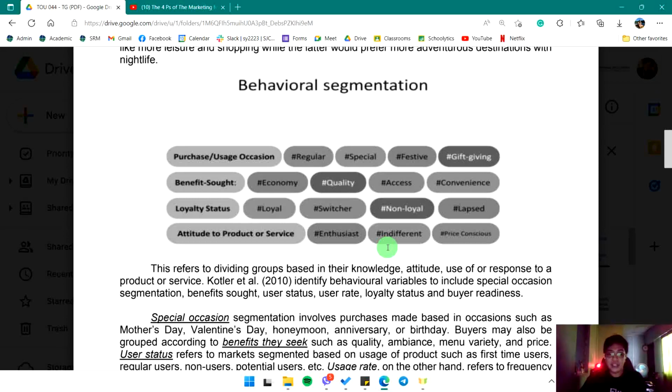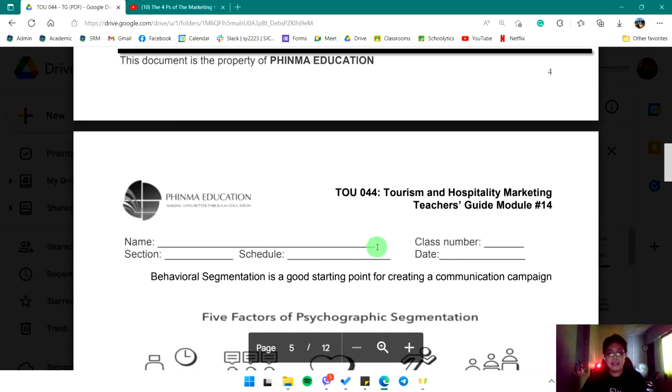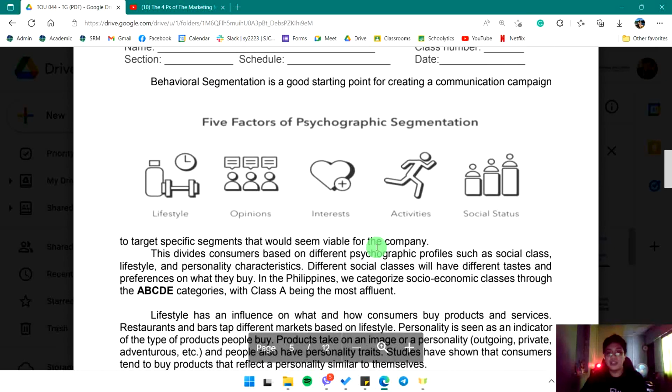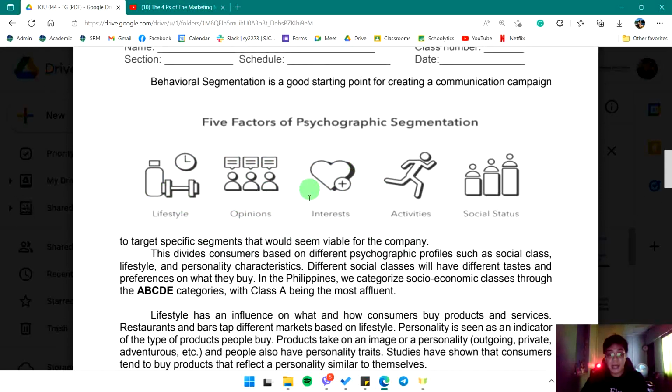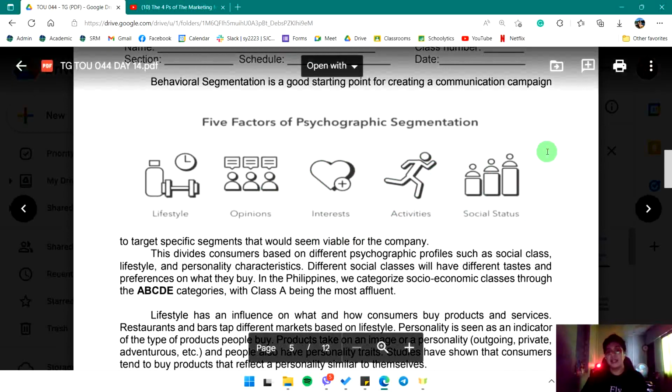No? Ito yung mga actions nila. Pero dito naman sa psychographic segmentation, this is how the market thinks. No? Yung kanilang pag-iisip. At pag-uusapan natin dito ang kanilang lifestyle, ang kanilang opinions, ang kanilang mga interest, ang kanilang activities na ginagawa, and social status.